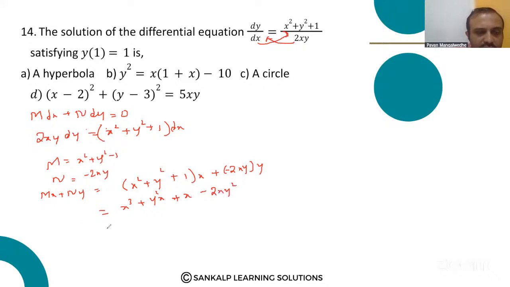So this can be written as x cube minus xy square minus 2xy square plus xy square. It will become minus xy square plus x. By taking x as common, that is x square minus y square plus 1.